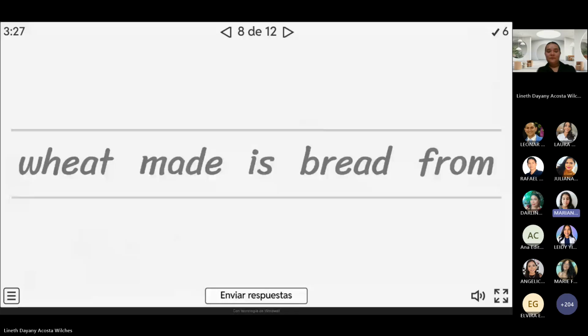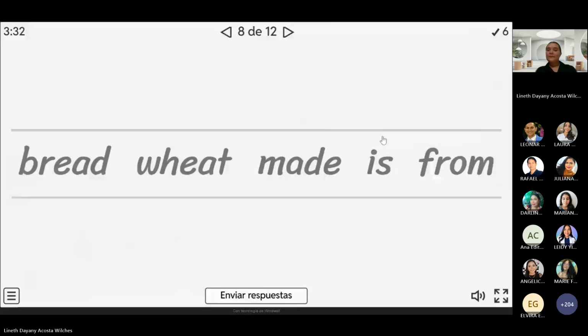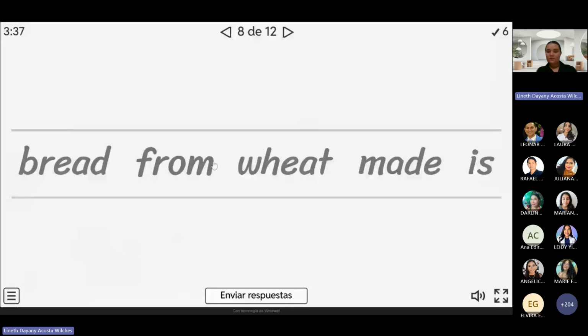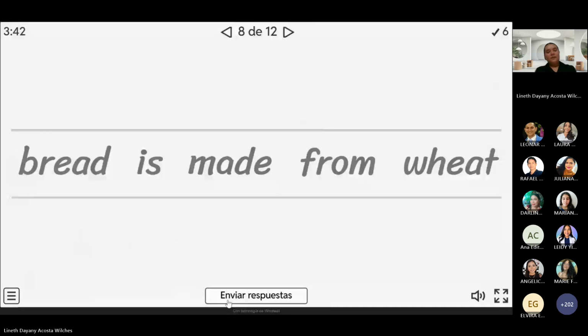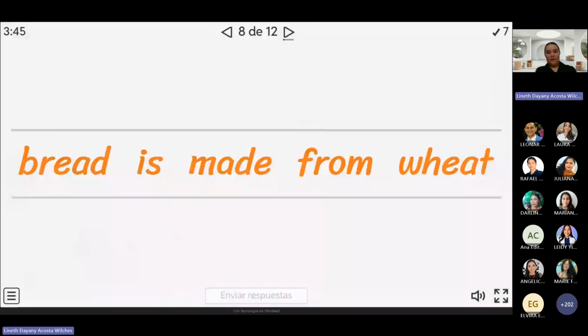Bread is made from wheat. It is made from wheat. Okay. Next one.